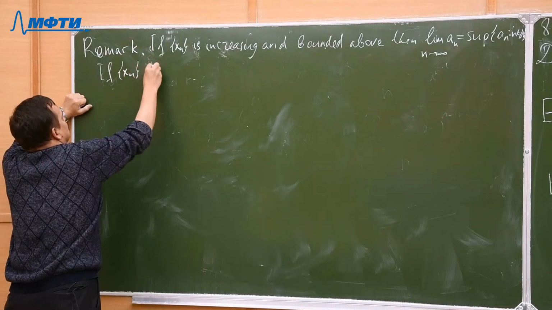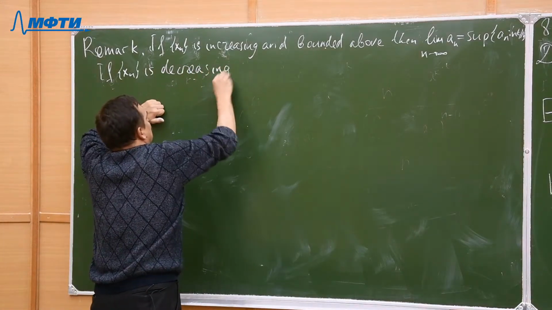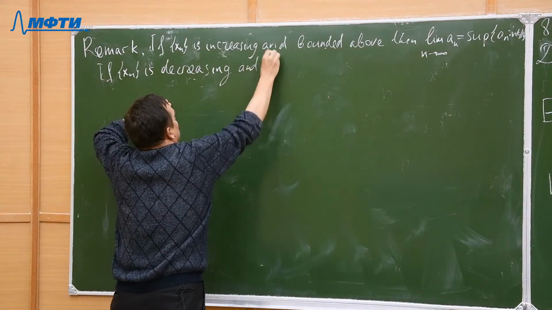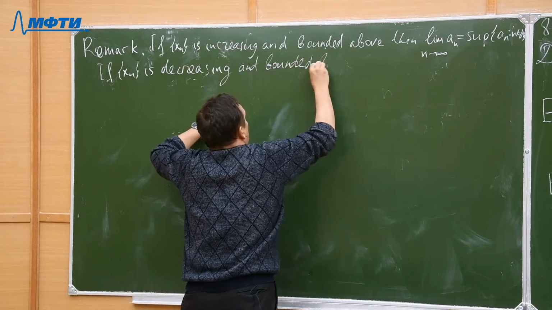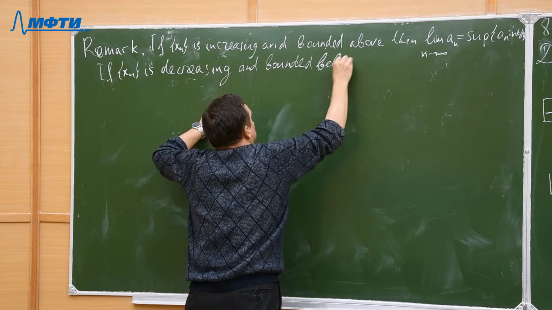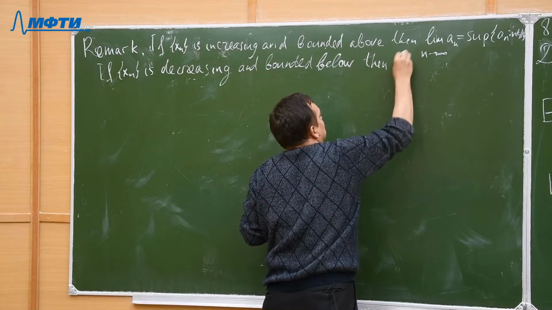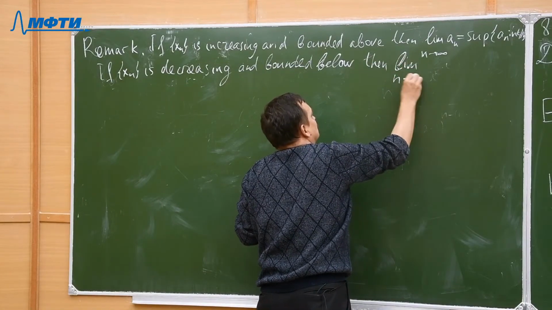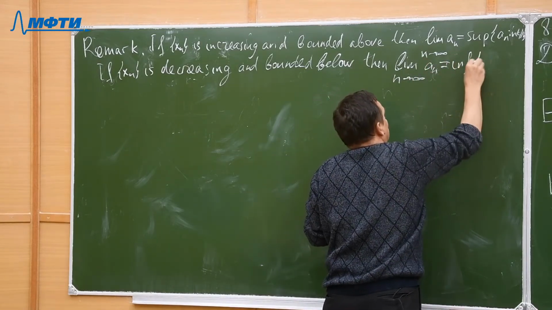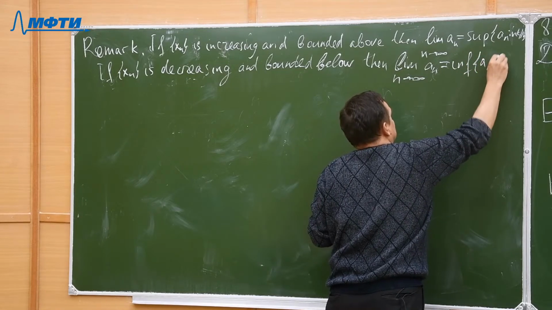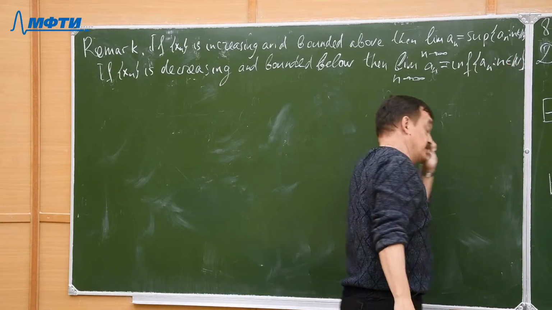xn is decreasing and bounded below, then the limit exists and is equal to the infimum of the same set of all members of our sequence.